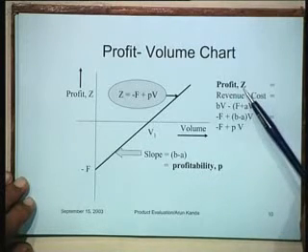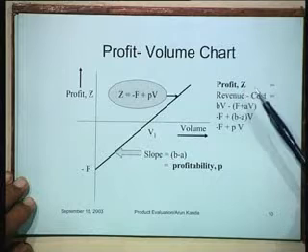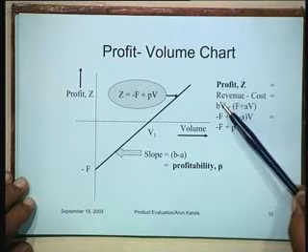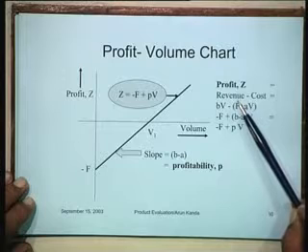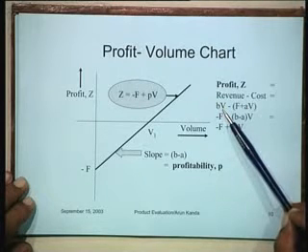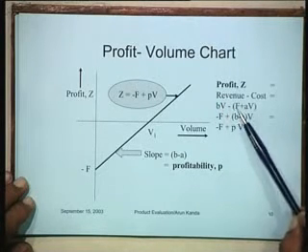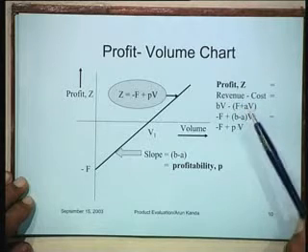The profit Z at any particular point of time is nothing but the difference between the revenue and the cost. Okay, and we have seen that the revenue is BV for any volume of sales, minus the fixed cost, which is F plus AV.